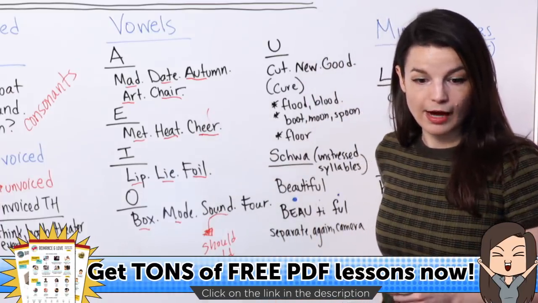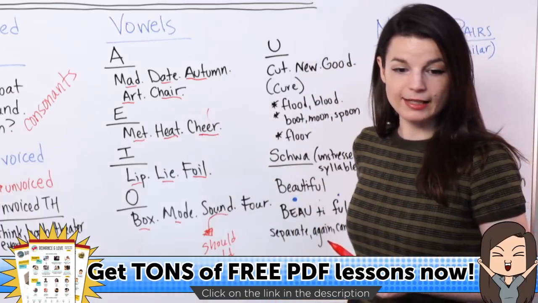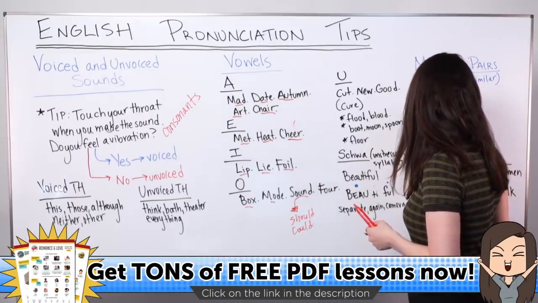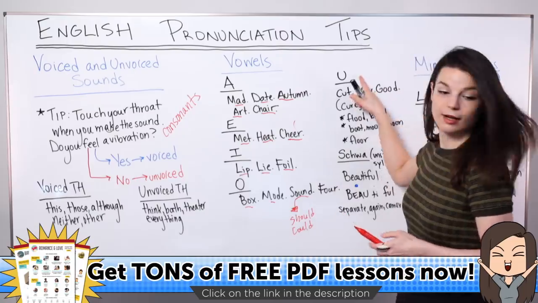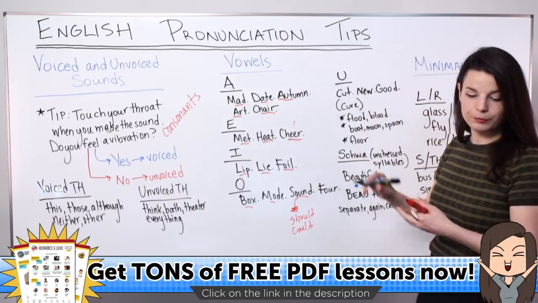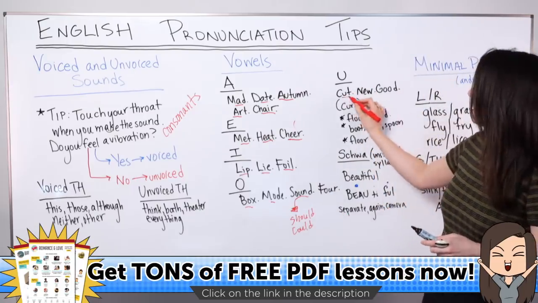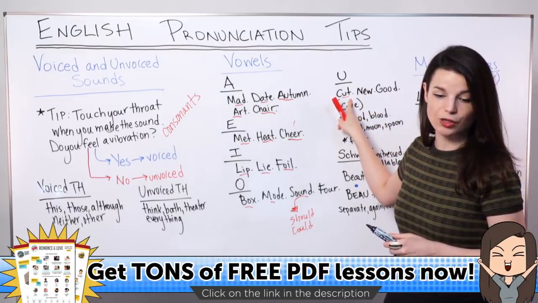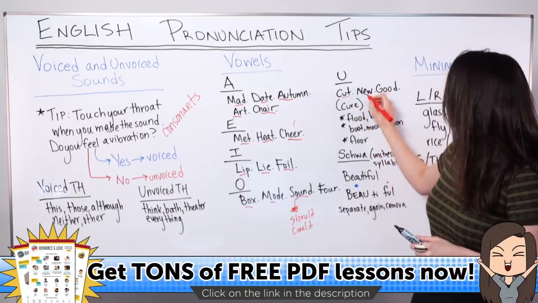Okay, with that then, let's move on to the last vowel and then our tricky vowel too. Let's go to U. So our short U sound is here. Cut, that's our short U sound. Long U sound.